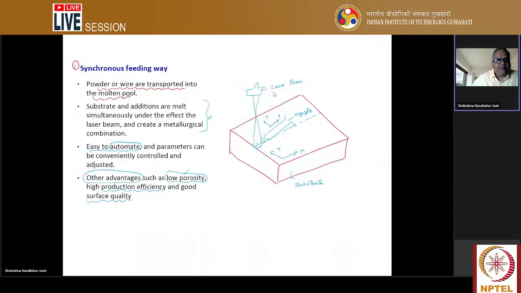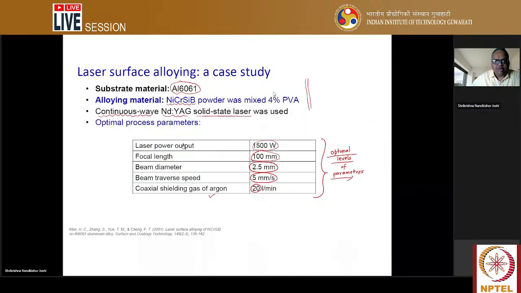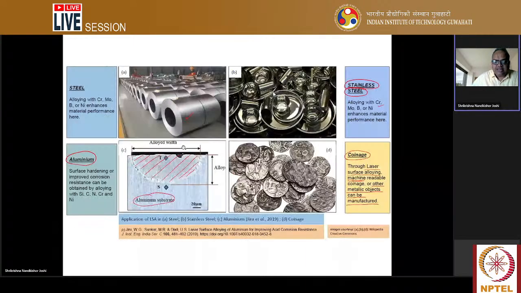So various ways of feeding, and then gas alloying, surface gas alloying for deposition of some typical elements such as nitrogen or carbon, nitriding and carburizing. Then microstructural studies, the effect on hardness that we have seen. Then laser cladding. Here the thickness is on a higher side.